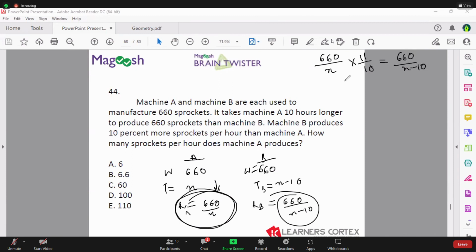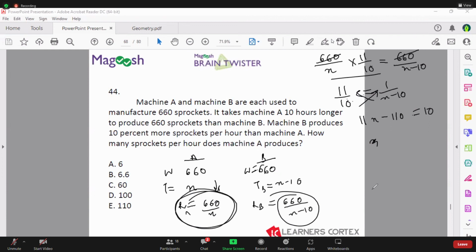Since these two terms are in multiplication, we can cancel out the 660. This becomes 11 over 10x, which is equal to 1 over x minus 10. So 11x minus 110 equals 10x, cross multiplication.